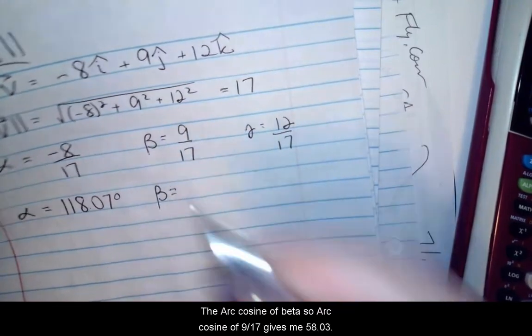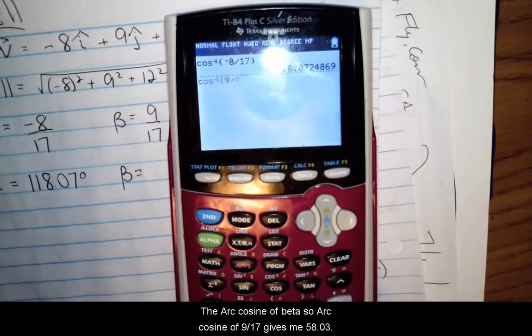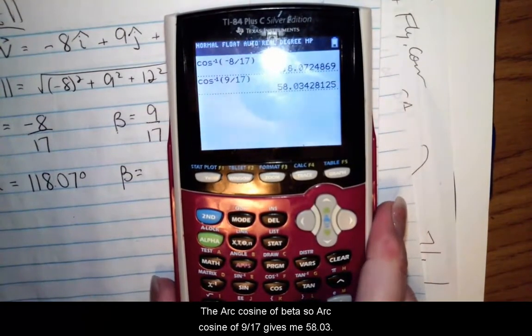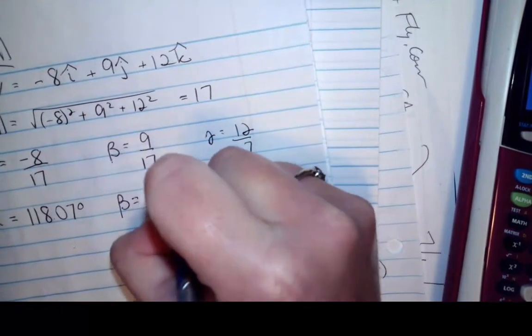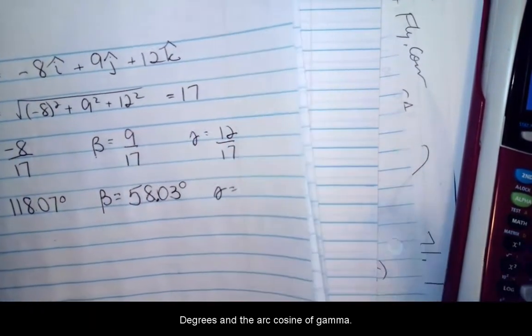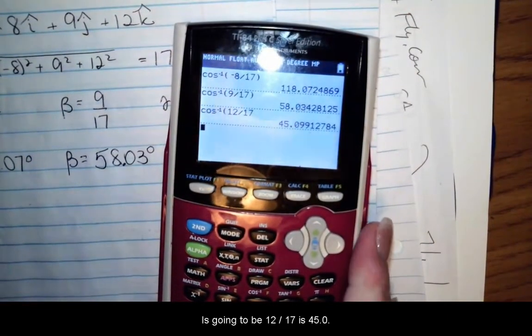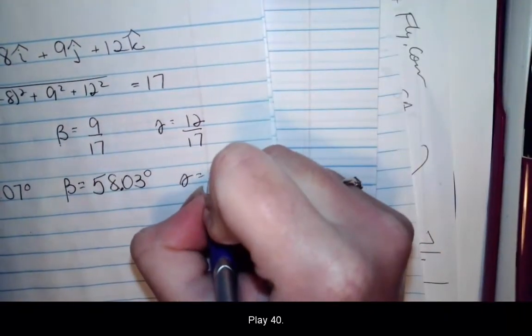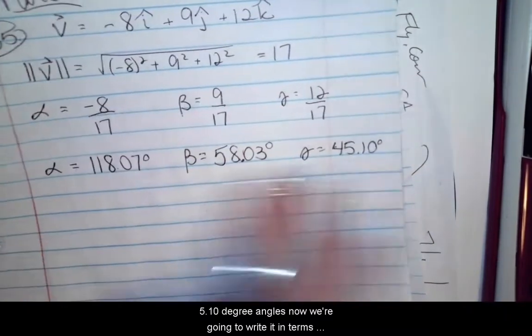The arc cosine of beta, so arc cosine of 9/17, gives me 58.03 degrees. And the arc cosine of gamma, 12 over 17, is actually 45.10 degrees. Those are your direction angles.